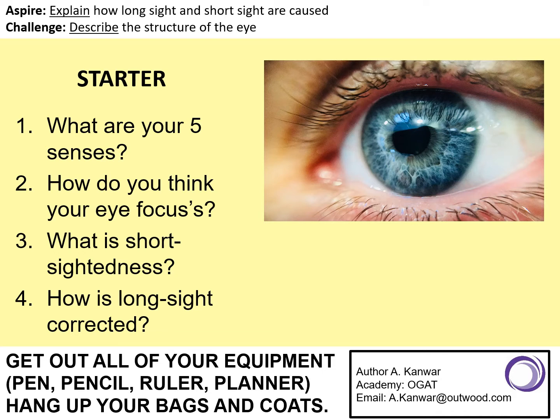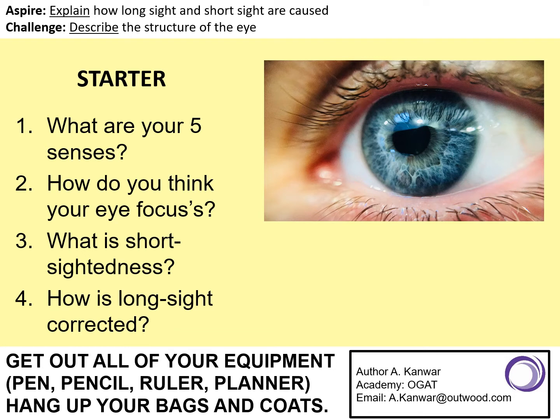Number 4, how is long-sightedness corrected? There are 2 ways to correct any sort of short or long-sightedness, and that is with spectacles, glasses. I've got them on currently to correct my vision. Or, more fashionable these days, is laser eye surgery.